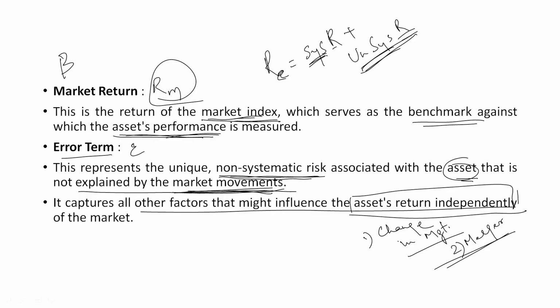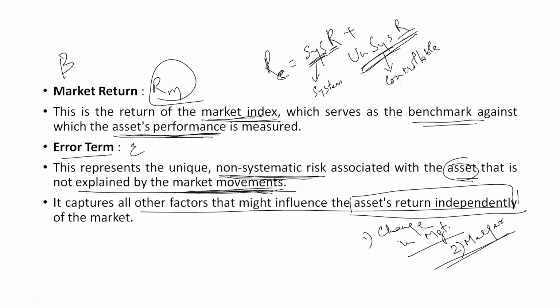Systematic risks are those risks which are brought about by the system. Okay, this is not in your control. Whereas unsystematic risk is the risk which is controllable.